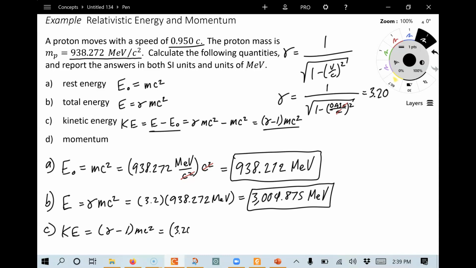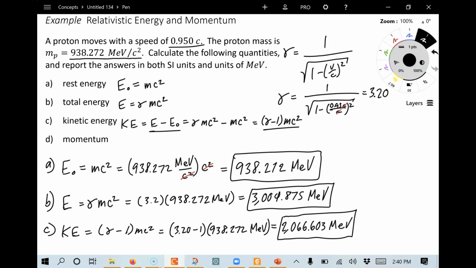It's going to be 3.20 minus 1 multiplied by mc squared, the rest energy, again 938.272 MeV. And when we put that in, that's going to come out to 2,066.603 MeV. And you can check by subtracting part A from part B that that's exactly what you get.